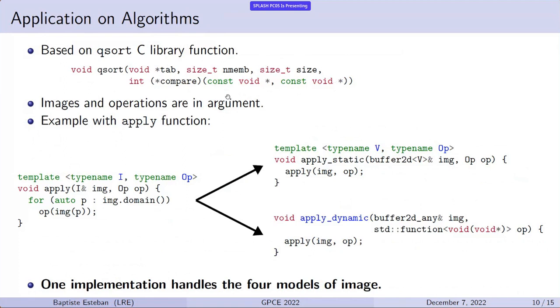It will then convert, compare, and return 1, 0, or -1 related to the order of the two elements. And we do almost the same thing.